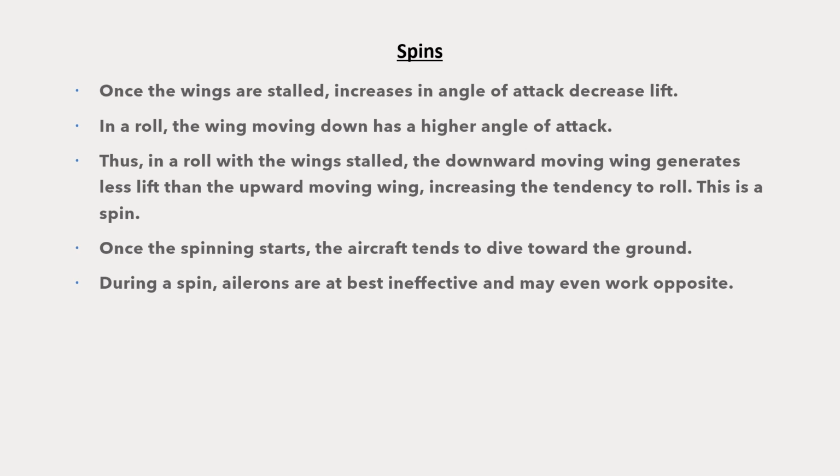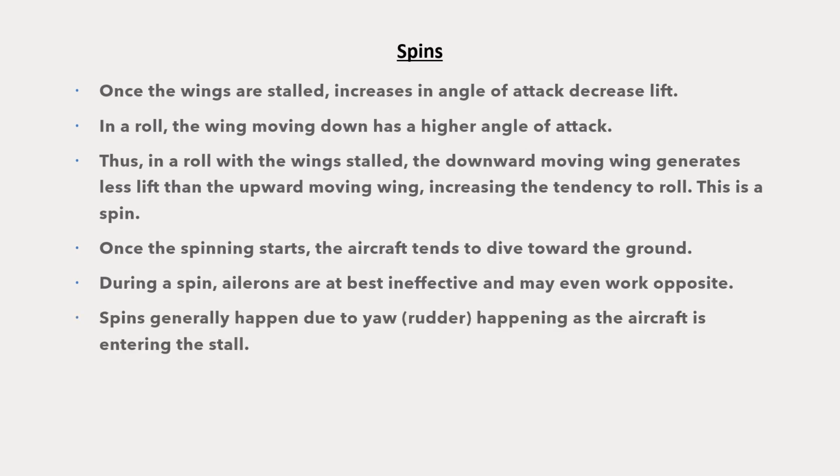Once you're in this spin, or basically any time that you're in a stalled situation, the ailerons tend to be very ineffective. Sometimes they even work opposite, where moving the stick left will cause roll to the right. They're not an effective way of controlling roll.